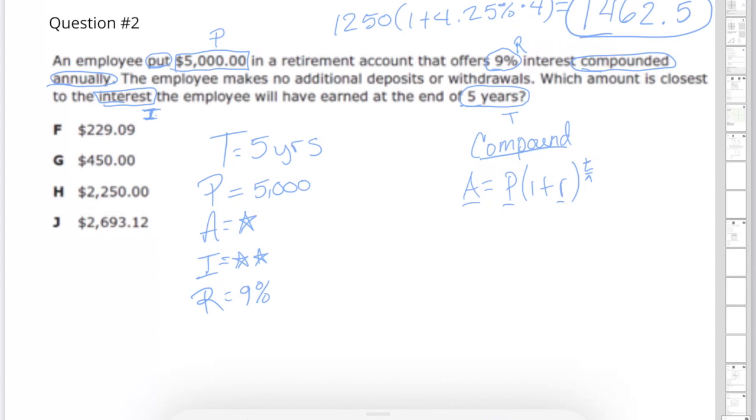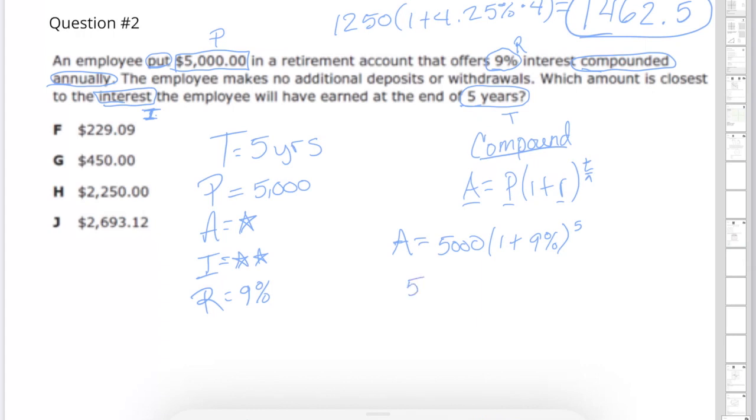So when I look at my T pair, I don't have A because I'm looking for A. So I'm going to continue with A equals. But P, I do have, and it was 5,000 times 1 plus R. My R was 9% to the little t, and my little t was 5. Okay, so to find A, just like on the last problem, we don't have to put A into the calculator.